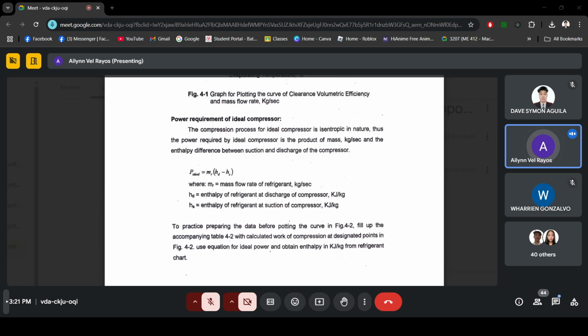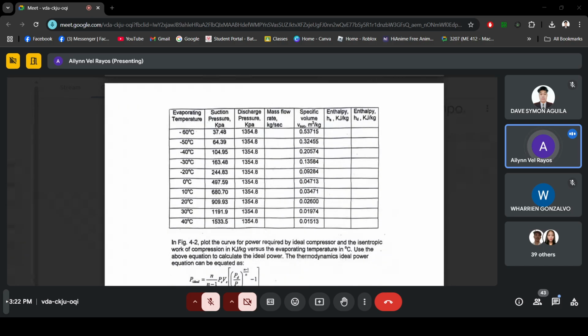This is equal to the mass flow rate multiplied by delta H, same as getting your work. The m sub r is the mass flow rate of the refrigerant. HD is our H2 and HS is H1. It is always discharge minus suction for our compressor.